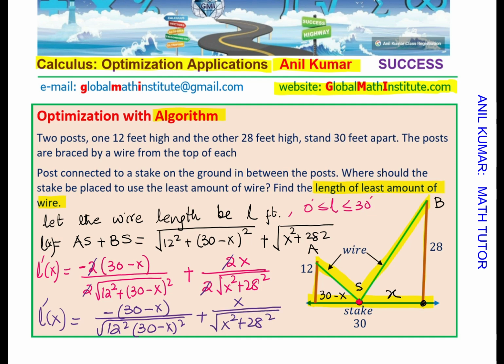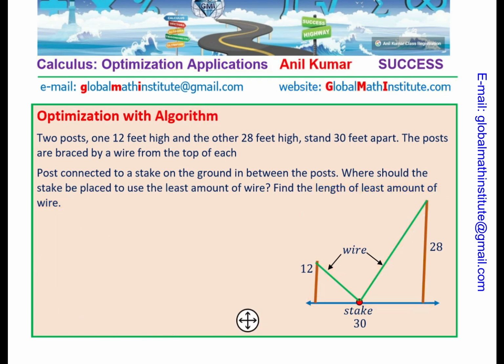Clear? Now to find the critical number, we'll equate this to 0 and then find the value of x. I hope this step is absolutely clear, right? Let's move on to the next page and see how we solve further.